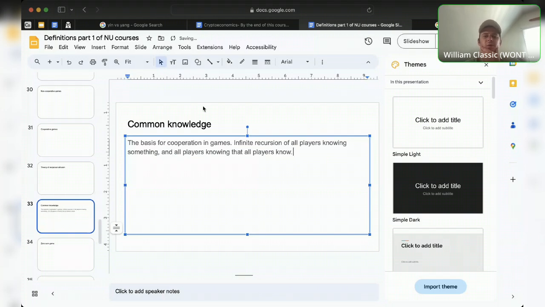So there's a different type of knowledge that isn't common knowledge. It's when both players know something, but they don't know that the other person knows it as well. Common knowledge is when you all know that everyone knows it. It's like a stop sign. I'm trusting that you actually know what a stop sign is when we're driving through an intersection.